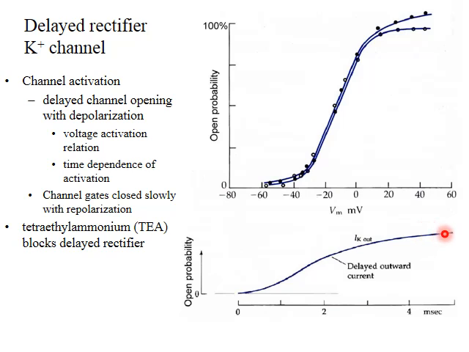We can see with these delayed rectifier potassium channels, the channels open relatively slowly, and we don't reach 100% probability of being open until about 4 milliseconds. So this slow opening of the channel is why this channel is called a delayed rectifier, because the gating open is delayed.